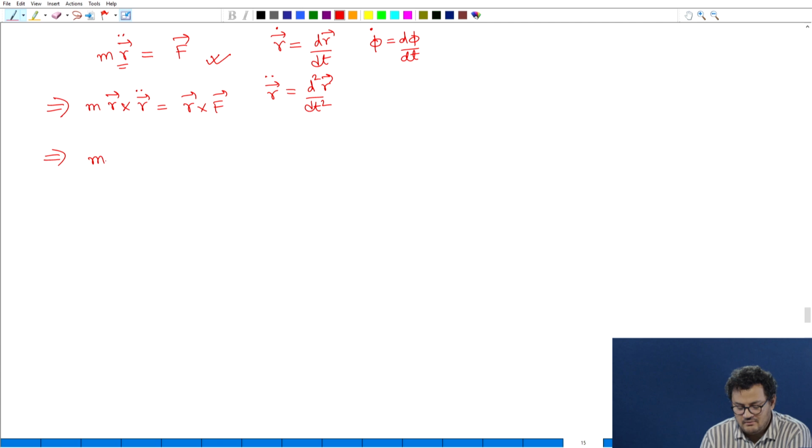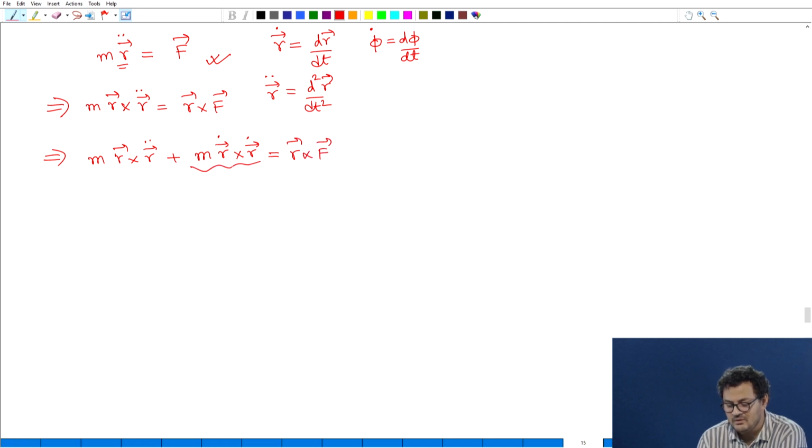Then you can write this as m r cross r double dot plus something which is actually 0. You can always add a 0. So you can write m r dot cross r dot, which is equal to r cross f.